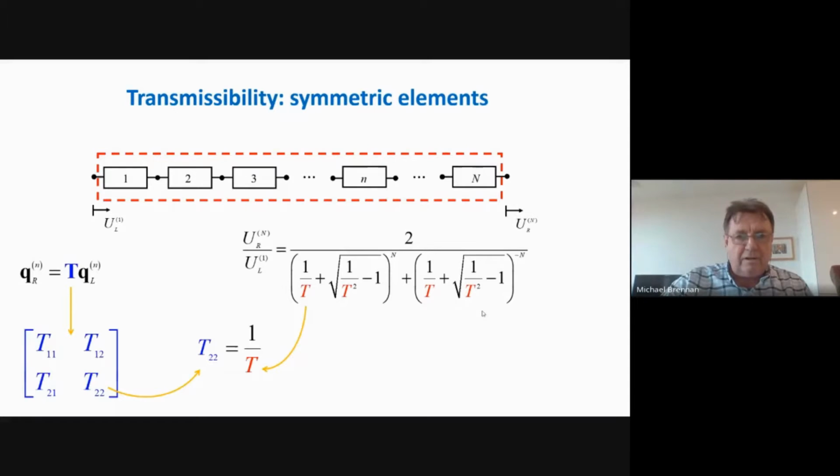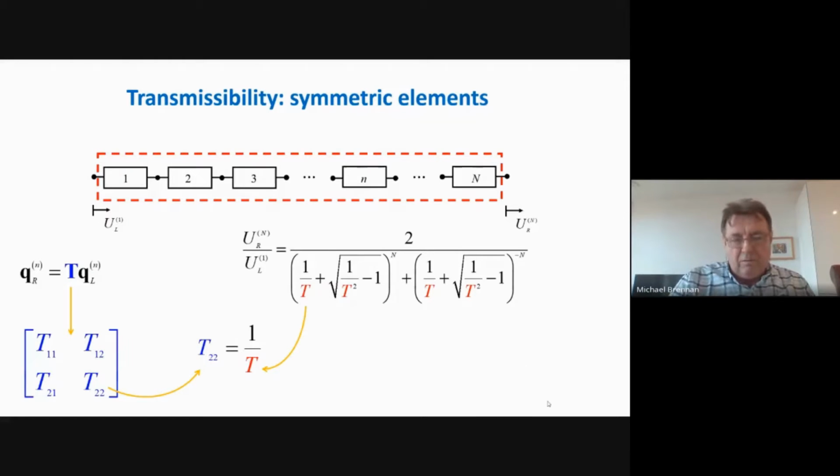It's a function of the transmissibility of a single element, which is the red letter T, and the number of elements, n. And the transmissibility of the single element is related to one of the elements in the transfer matrix. It's related to T22, and it's the reciprocal of T22.